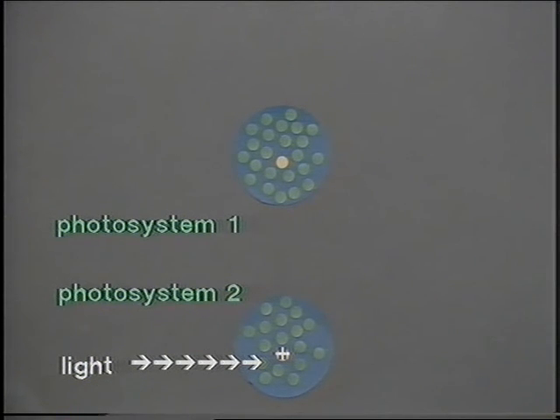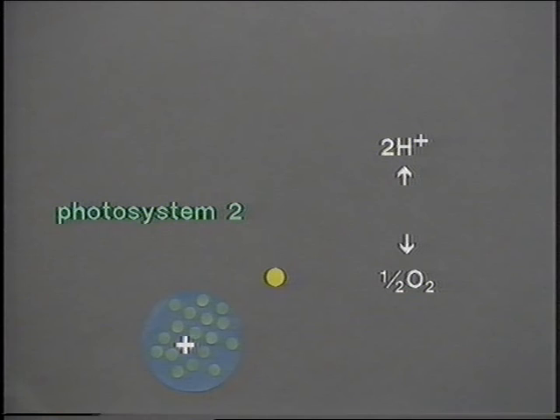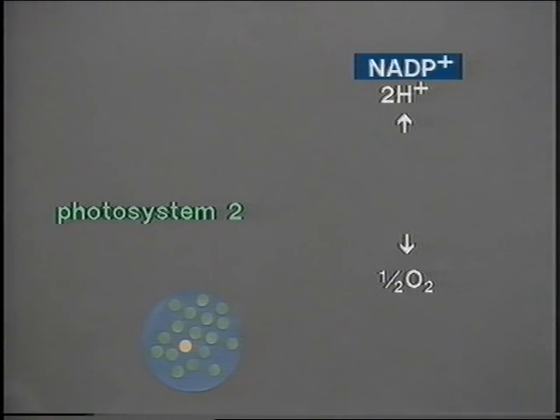The electrons lost from photosystem 2 are replaced by electrons produced by the splitting of water. The hydrogen ions from water are transferred to the coenzyme NADP to complete the chemical change from the oxidized form, NADP+, to the reduced form, NADPH.